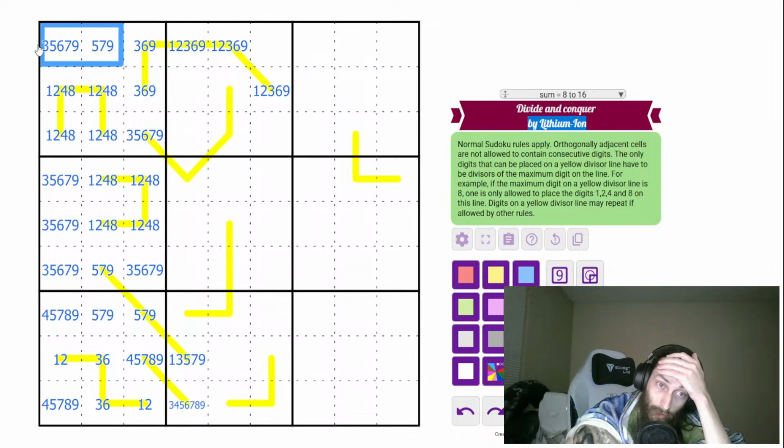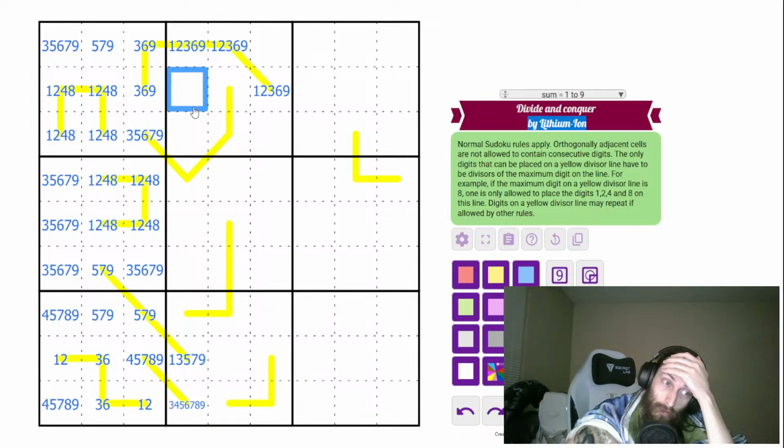It would end up being a 5, 7 pair. That would have to be 6. Can't have adjacent digits next to each other.